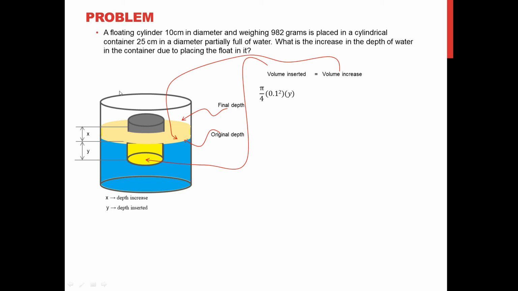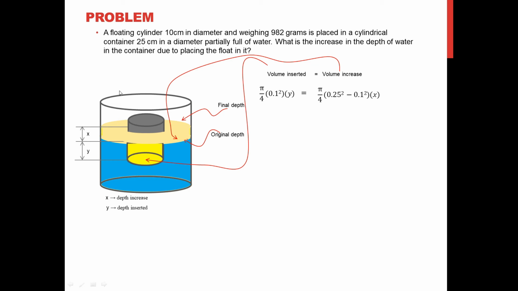So the volume inserted here is the volume of the float with the height y. So that is a cylindrical volume, pi over 4 times diameter squared, or 0.1 squared, times the height of the inserted volume, that is y, and this will be equal to the volume increase.